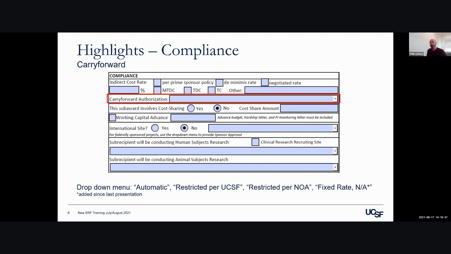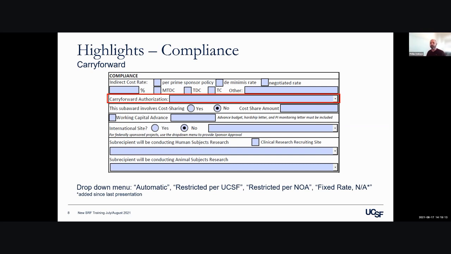And so we're asking folks to talk with their investigators in the department and find out how they want to manage this, because it's a little harder for us to know: we have automatic carry forward up to 25%, but how does that work for the subsite? What do we tell the subsite? They want to know as well, is it automatic or restricted for us?